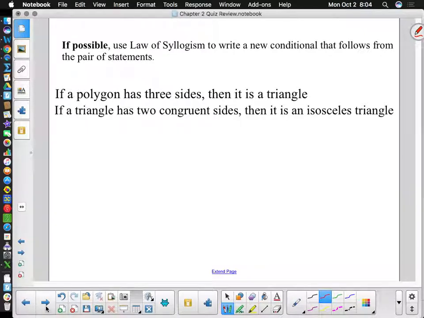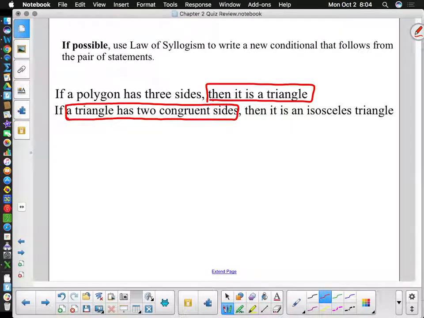Why not? Because this conclusion has to match this hypothesis. And they both include the word triangle, but this adds new conditions to it, doesn't it? Has two congruent sides. So no conclusion is possible from this.